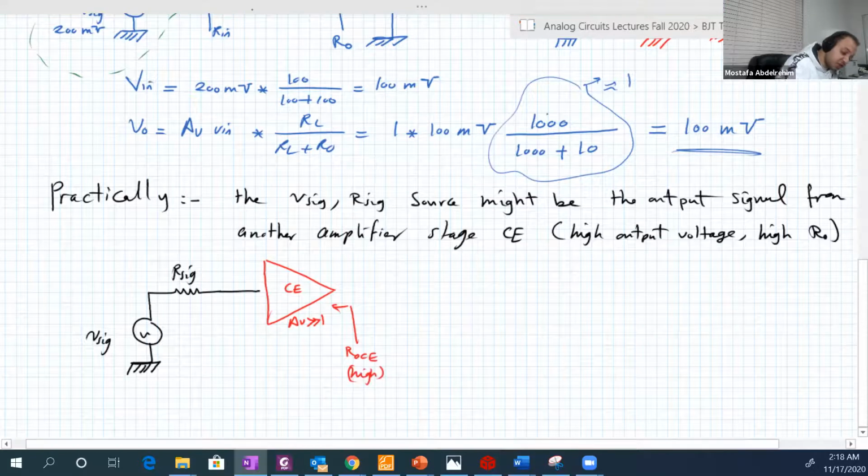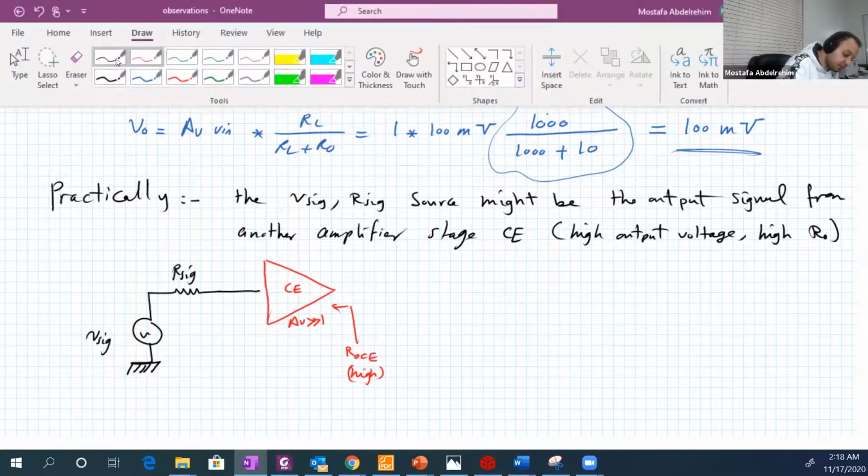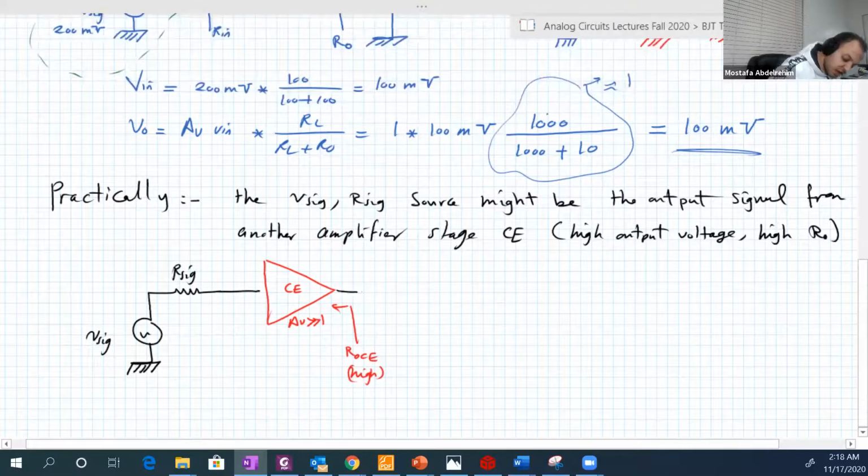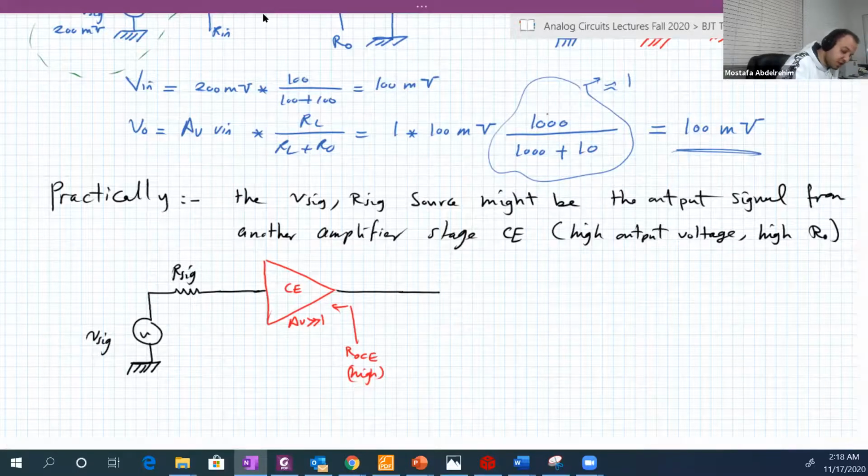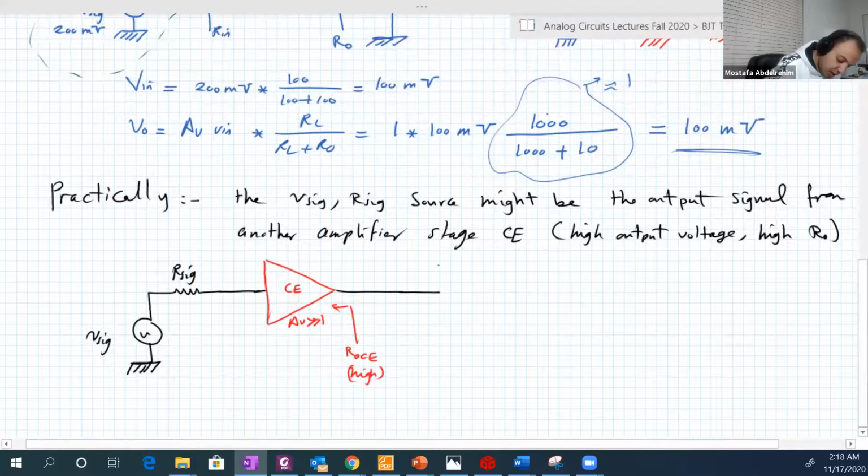So based on that, we put another stage here, which is the common collector. It has AV equal to 1.